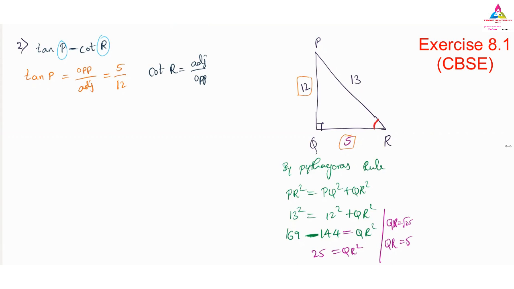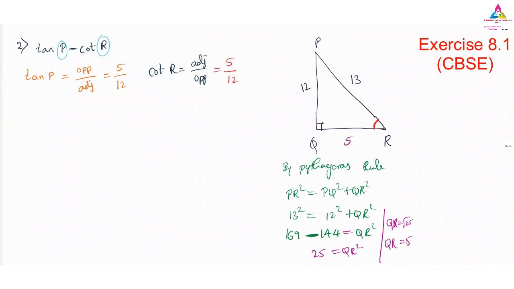Adjacent and opposite we want. This will become the opposite and this will become the adjacent. So adjacent is 5 and the opposite will be 12. See, this is for P and this is for R. So both are not same. Both the angles are different. So each time the opposite and adjacent side will change.